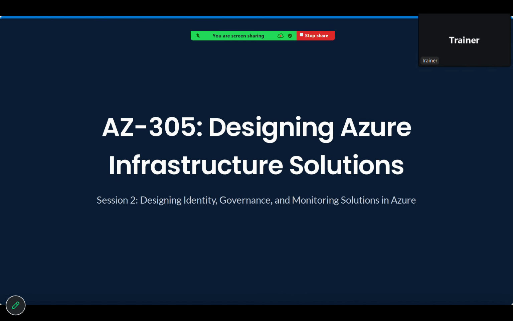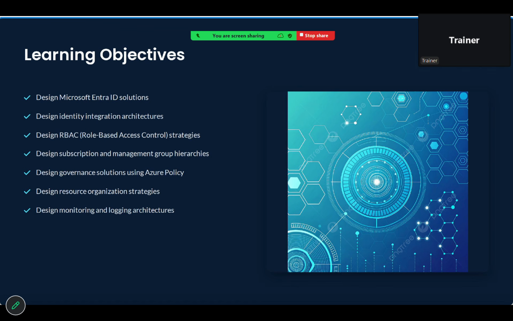By the end of this session, we will be able to learn about designing the Microsoft Entra ID solution, designing identity integration architecture, designing the RBAC, which is role-based access control strategy, and also designing subscriptions and management group hierarchies, and look at governance solutions using Azure Policy and also the resource organization strategy. And then after that we look at designing monitoring and logging architecture.